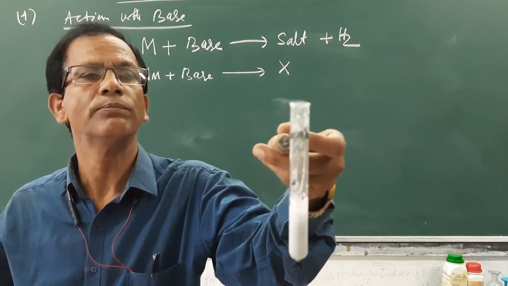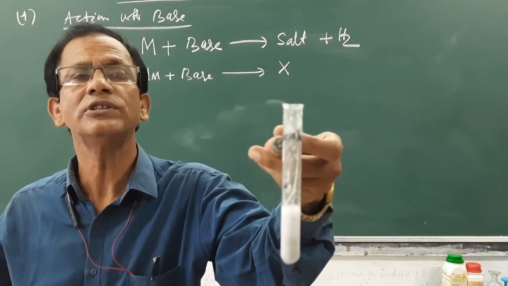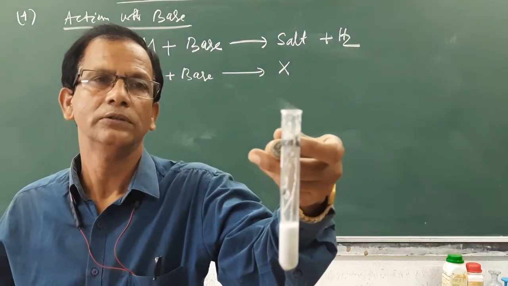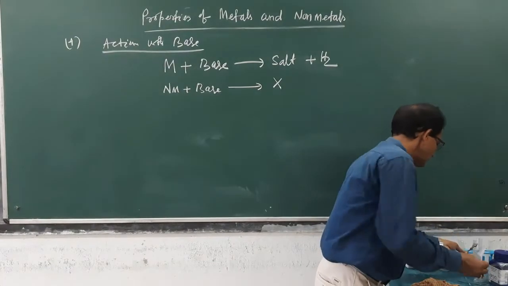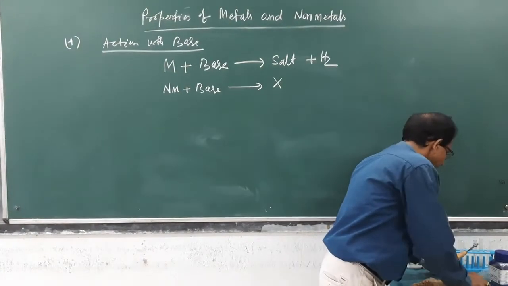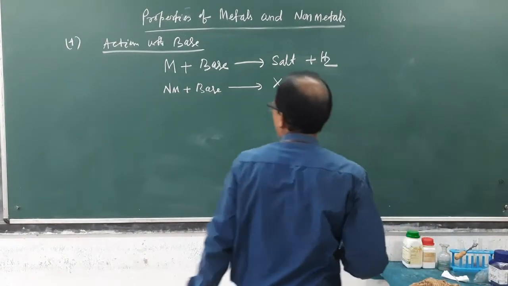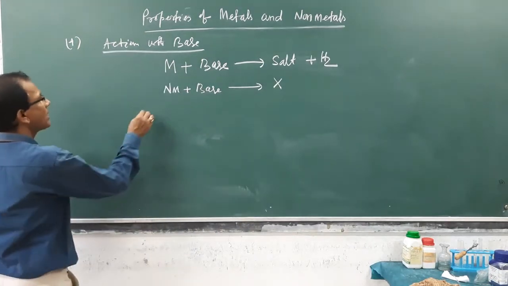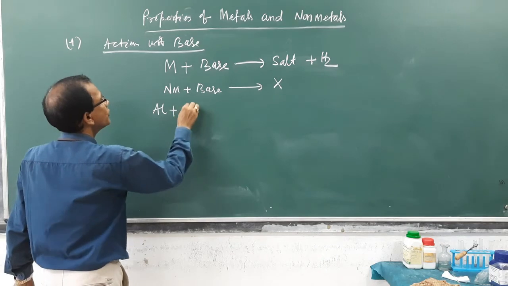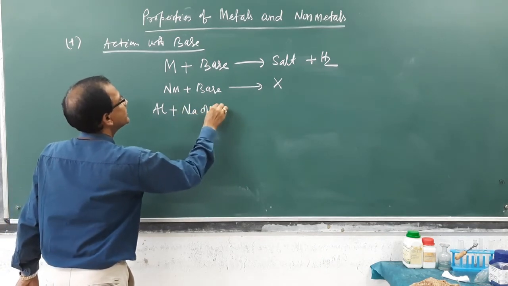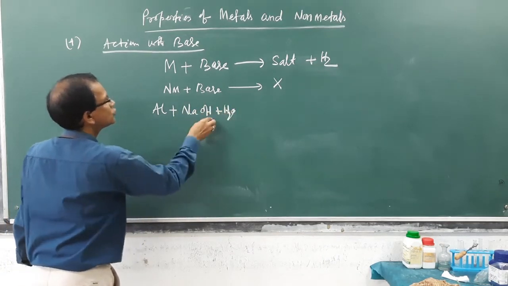Some very reactive metals also react with base. So this is the reaction of a metal, for example aluminium, with sodium hydroxide in the presence of water, dilute sodium hydroxide.